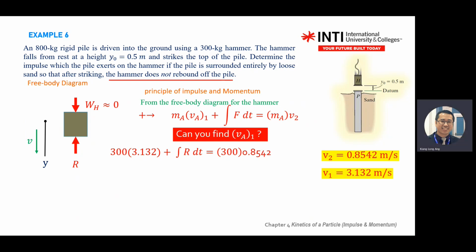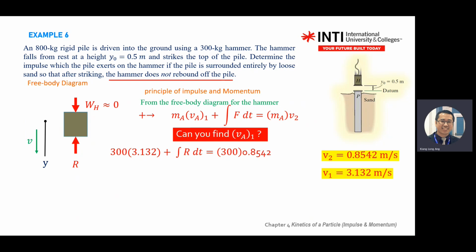Just now, this one is not 0. 0 is far before, but when you do the principle of impulse and momentum, you're looking at just before the body hits. And what does the principle of impulse and momentum deal with? Collision. Okay, you look at that particular moment, you freeze the time, and at the moment you meet together. So that's why your VA1 is not 0.